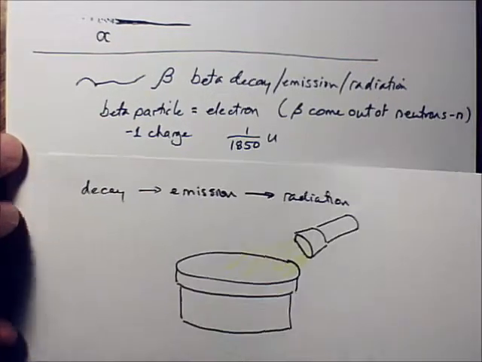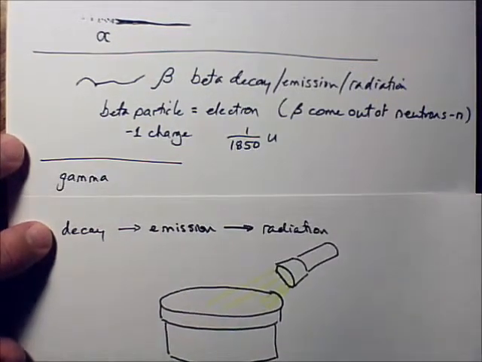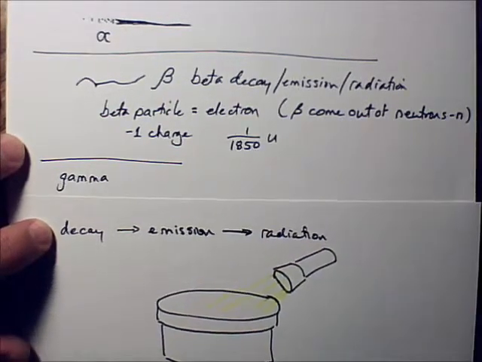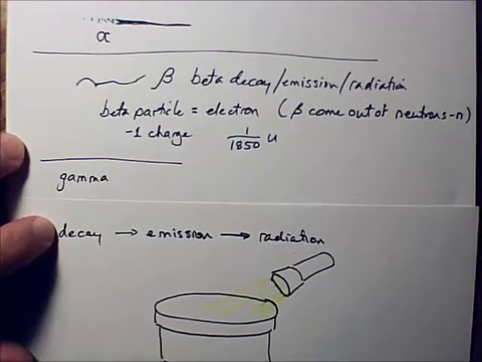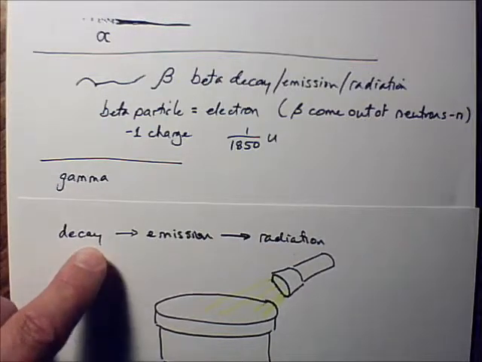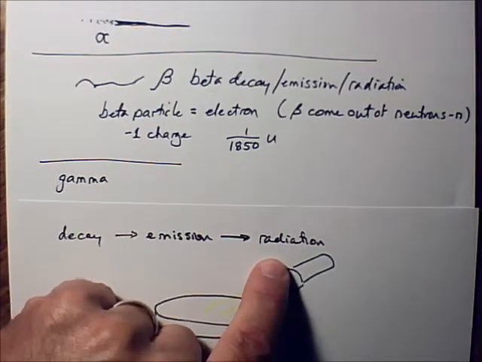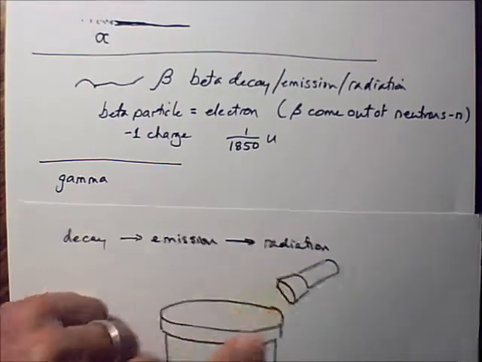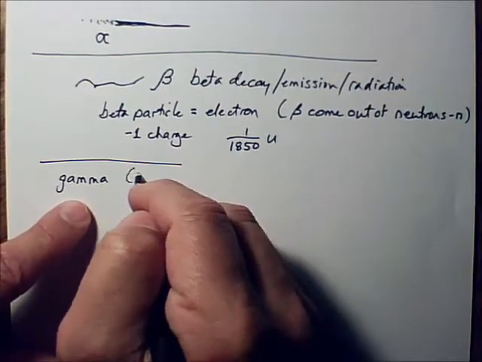So we have gamma decay, which almost isn't decay at all. Not in the terms we think of in high school. There's a form of decay because there's a tiny amount of mass loss. Okay? But we're going to ignore that. But we do have gamma emission and gamma radiation. Okay? But this is energy. It's light.